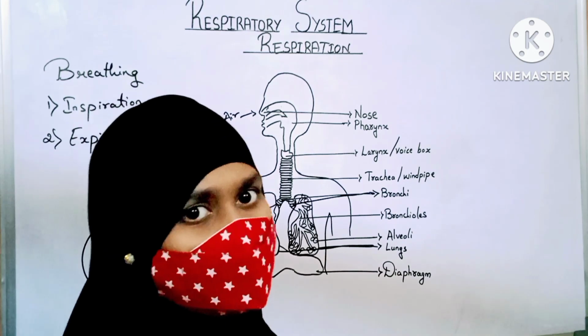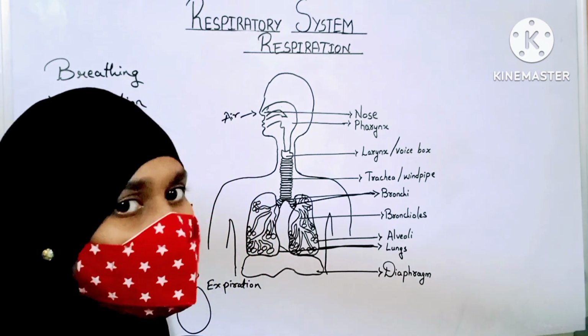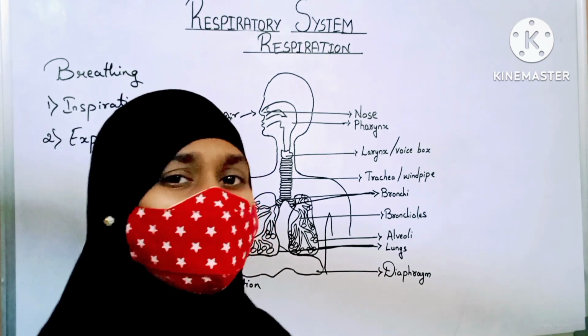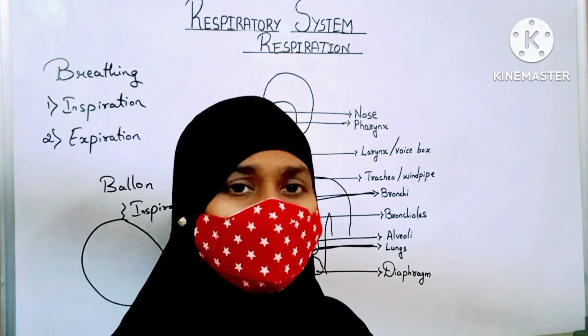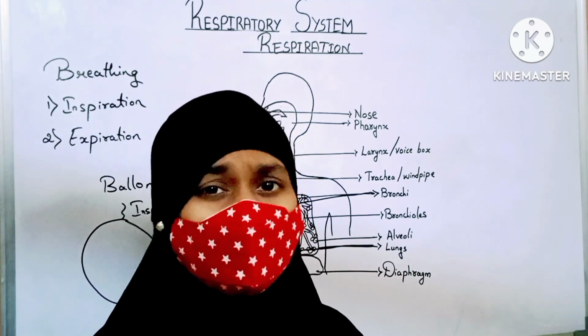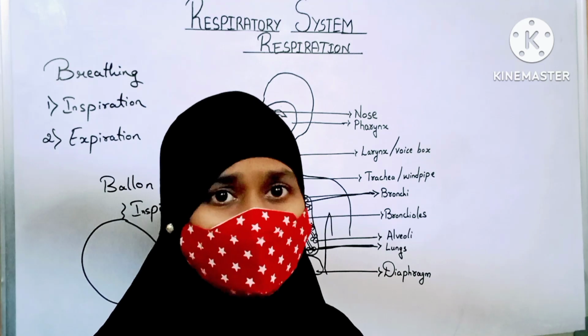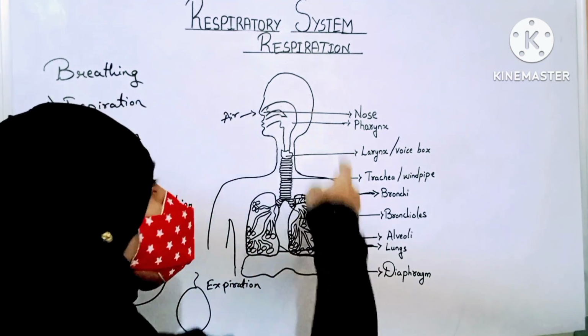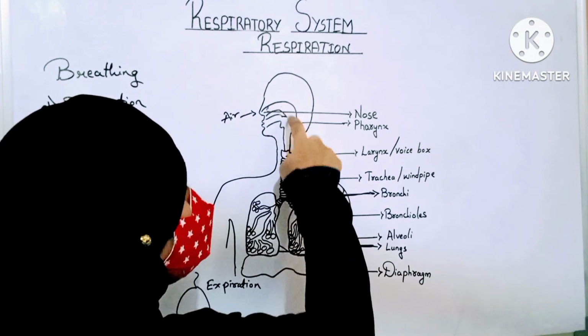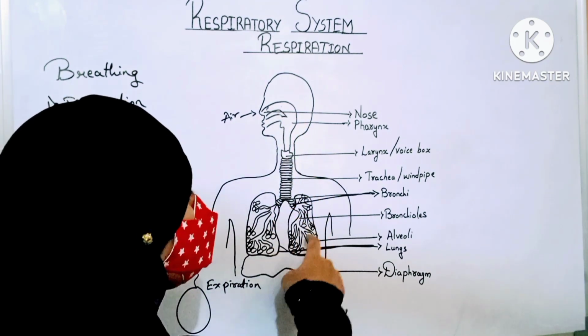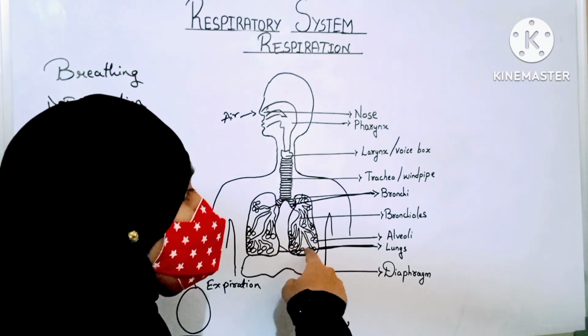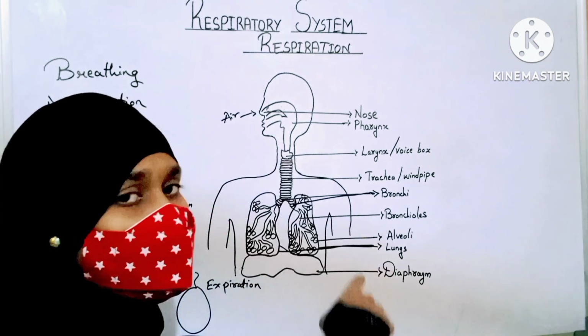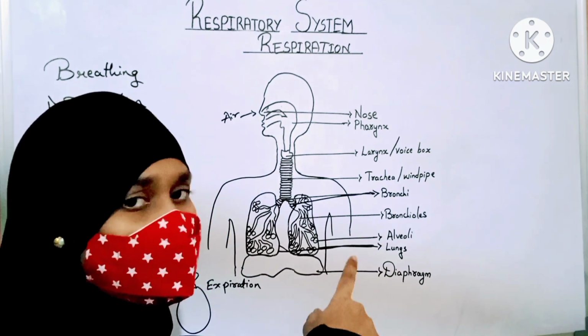This is a brief explanation of respiration. There are two processes in the respiratory system. One is the physical process, another is the chemical process. What is the physical process? Breathing. Breathing is a physical process. You can see the air enters the nose and reaches the alveoli of the lungs, where the exchange of gases takes place.